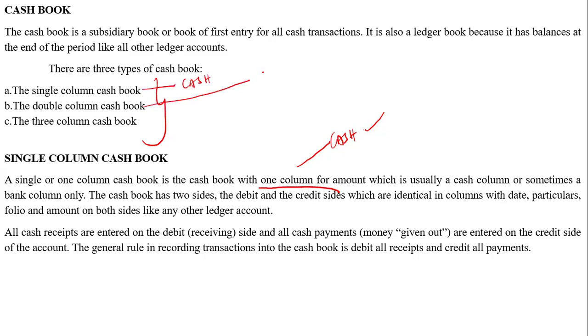But when you look at a business that has both cash and a bank account, what they have is called a double column cash book. And for a business that operates with cash and bank, and also gives discount to customers and also collects discount, you talk about the three column cash book.